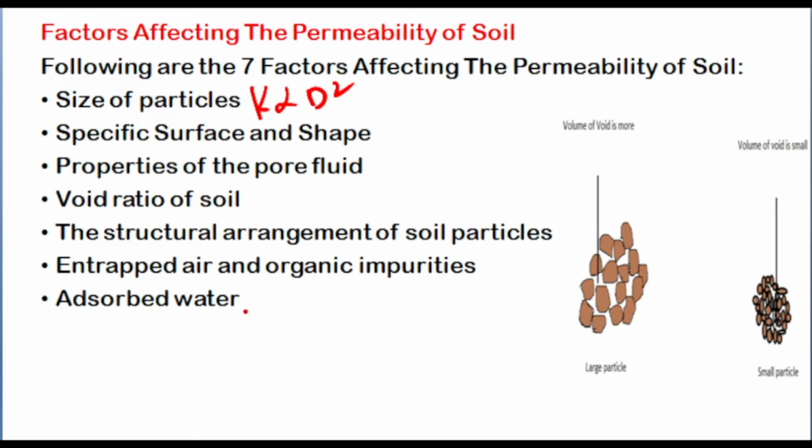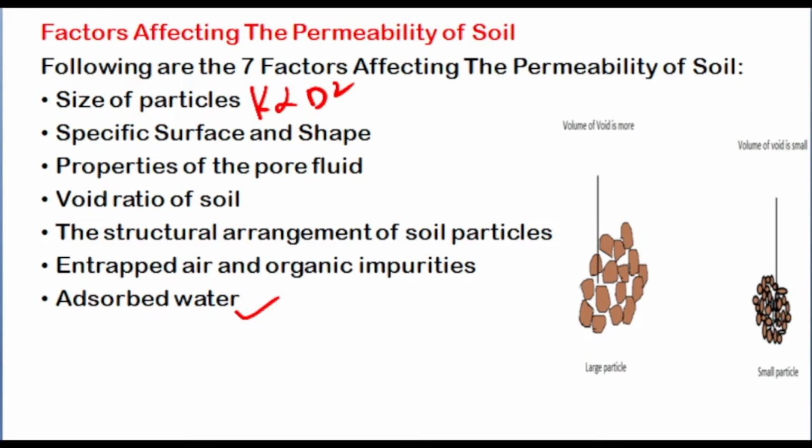And lastly, we have the absorbed water. Absorbed water is nothing but the water layer which is formed around the soil particles, and it is more whenever we talk about fine grained soils. Absorbed water reduces the size of the voids and therefore the permeability also decreases.